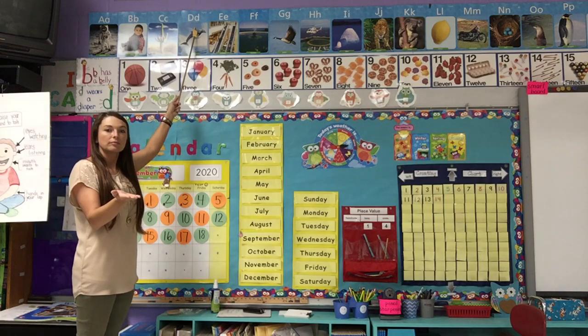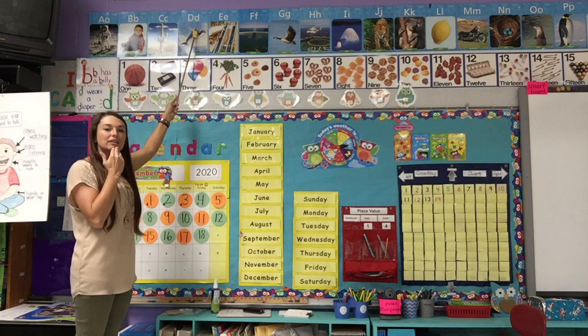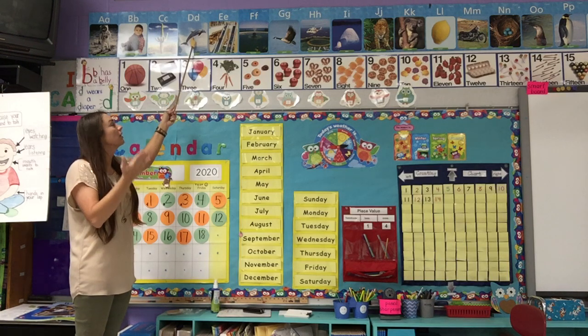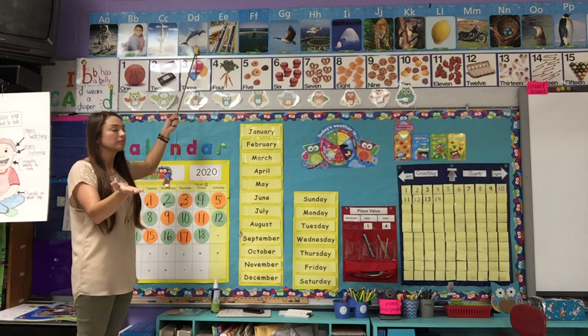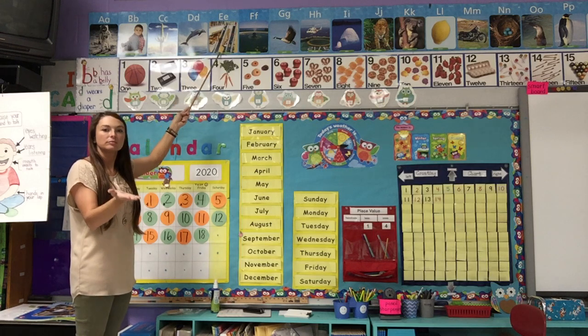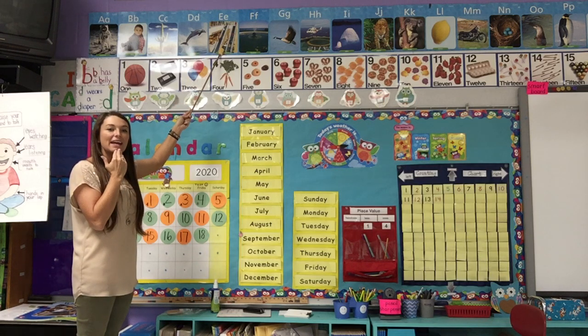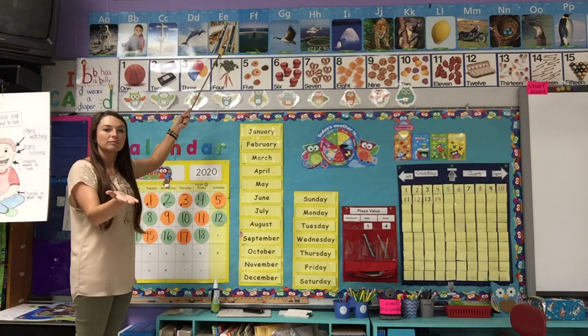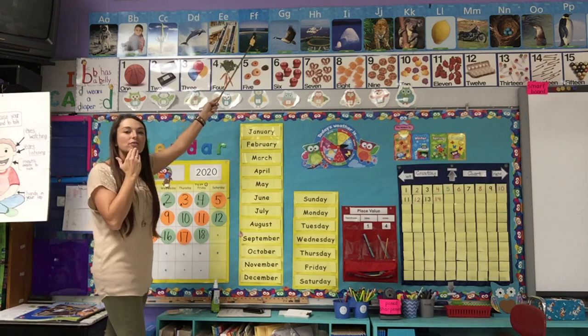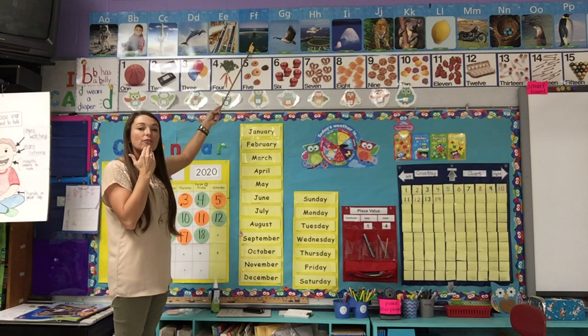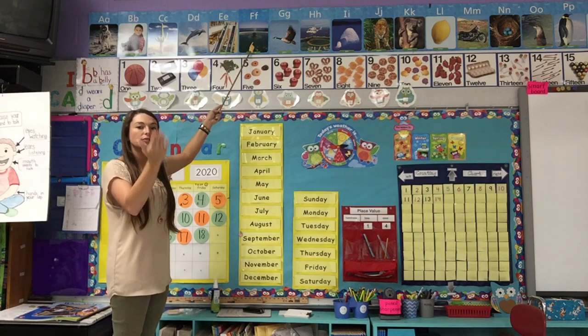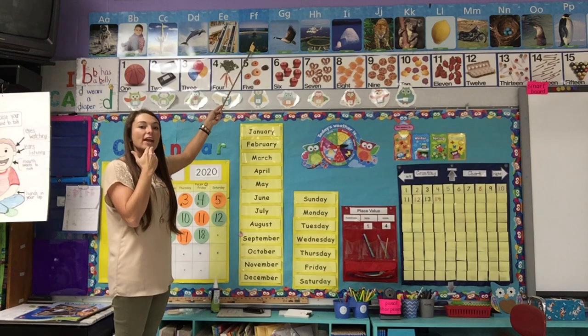D. D. Very good. Dolphin. E. Escalator. Good. F. Fountain.